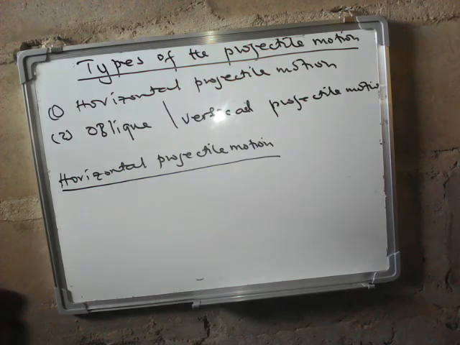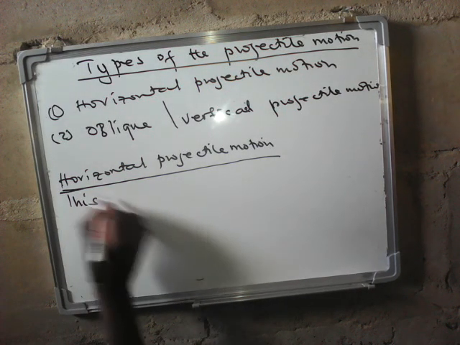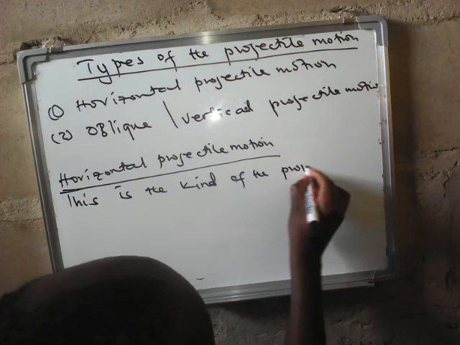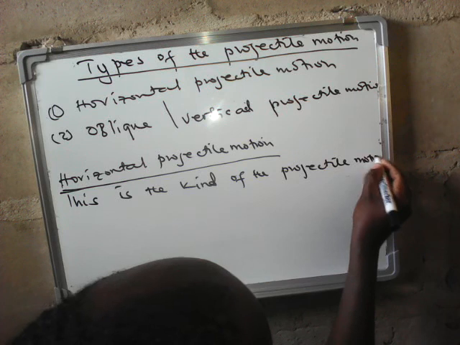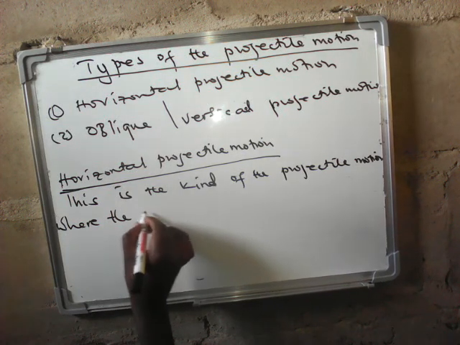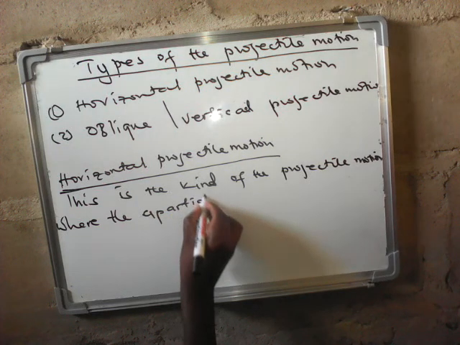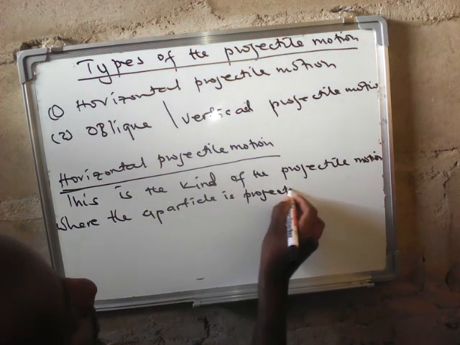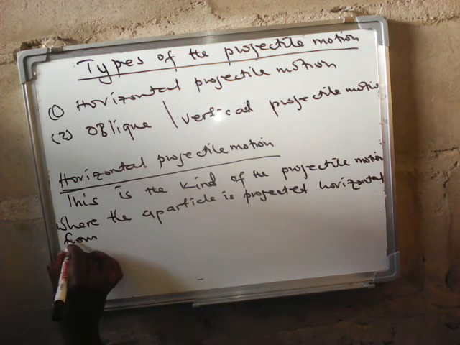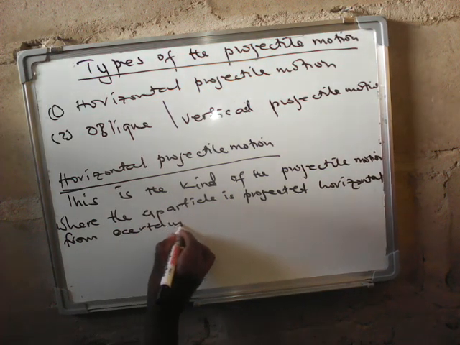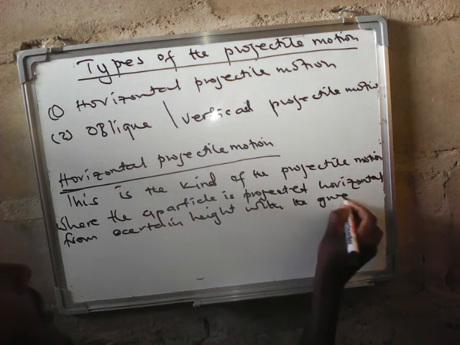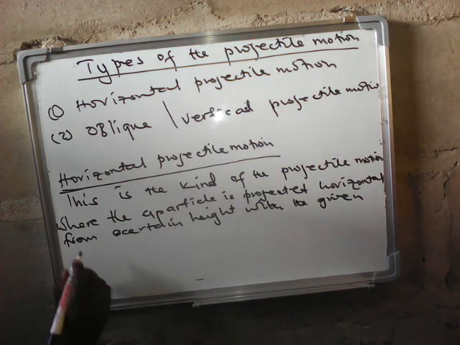This is the kind of projectile motion where the projectile or the particle is projected horizontally from a certain height with a given speed or given velocity.